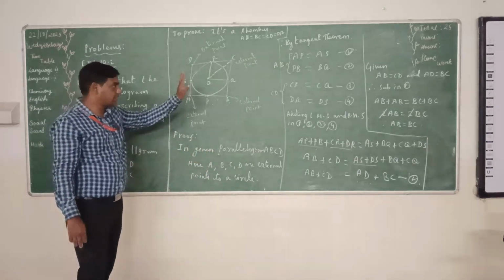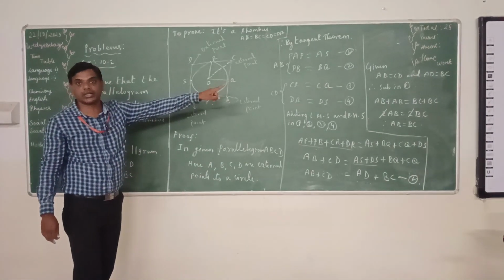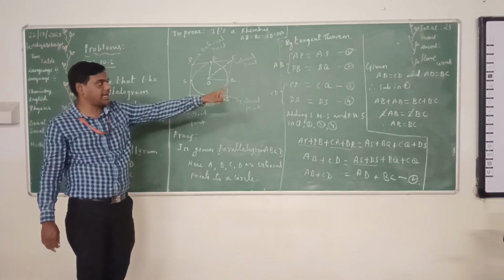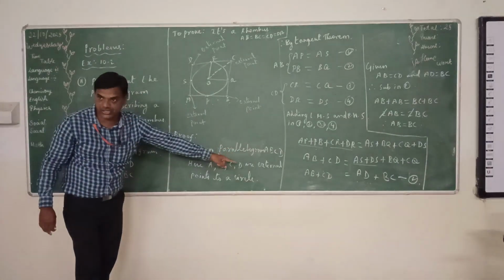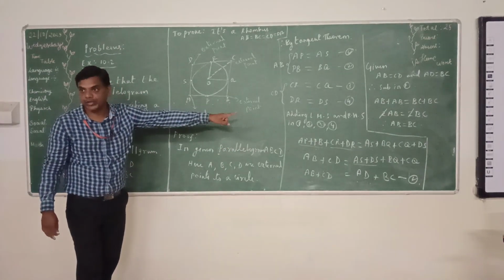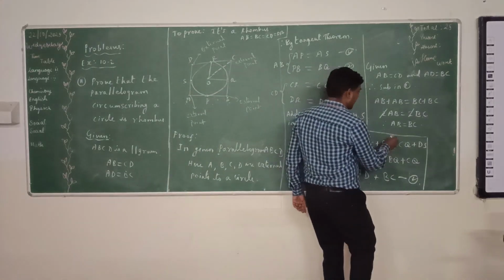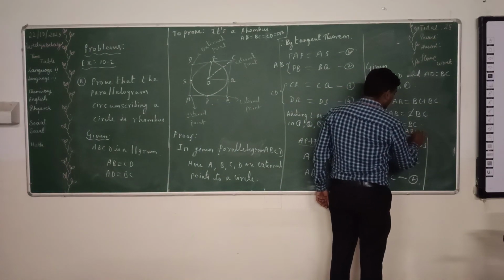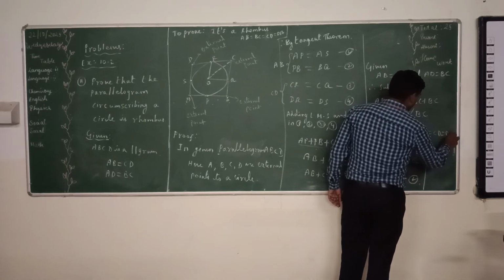You understood? It's the same proof with only the changes. We write that by the given, it is a parallelogram. Because of that, AB is equal to CD and AD is equal to BC, and we substitute in the first equation. At that time we get AB is equal to BC. Therefore, at last we can say AB is equal to BC is equal to CD is equal to DA.